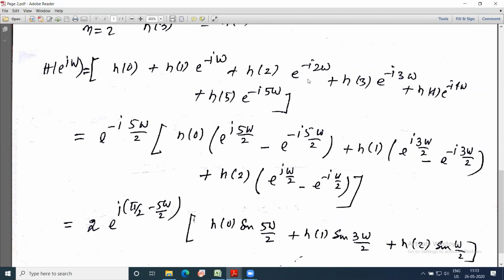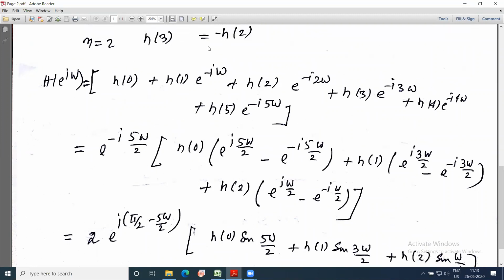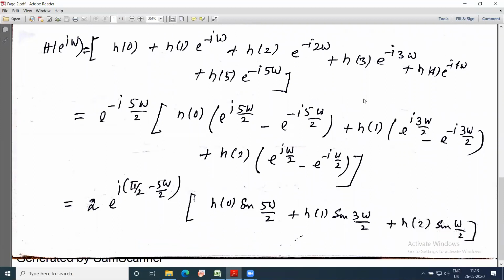Now again, h3 equals minus h2, so this term equals h3 into e power minus j3 omega. If you multiply this term, h3 equals minus h2, so this corresponds to h3 into e power minus j3 omega, from e power minus j omega by 2 multiplied by e power minus j5 omega by 2.